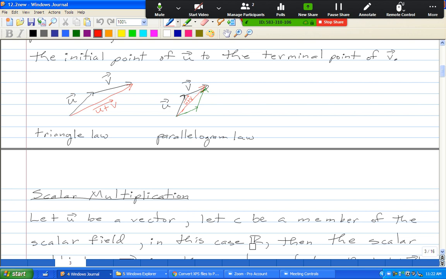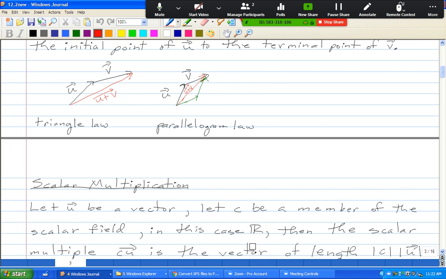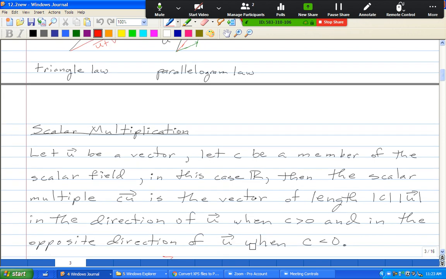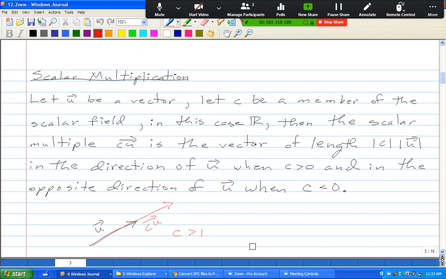Then the scalar multiplication, cu, is the vector of length absolute value of c, actually, times the length of the vector u, in the direction of the vector u when c is greater than 0, and in the opposite direction of the vector u when c is negative. So suppose that this is the vector u, then cu will be a vector in the same direction or opposite direction.